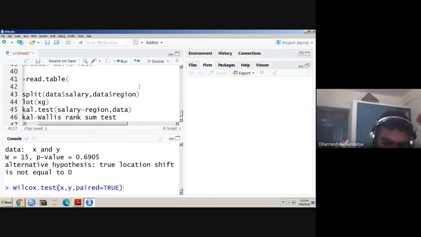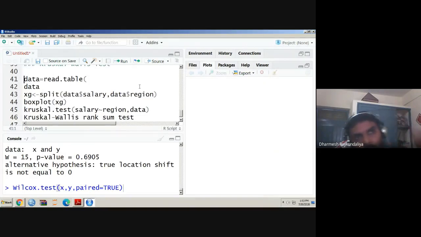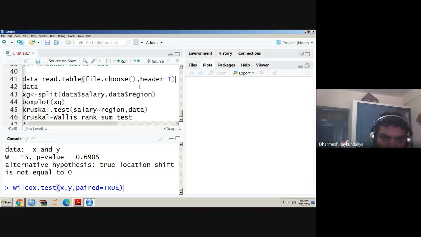I told you that if it is in CSV format, the command name is read.csv. If it is in SPSS format, the command name is read.spss, and if it is in text format, then the command is read.table. I wish to select the file, and because the first row is a header, header equal to TRUE, I'll just select it.